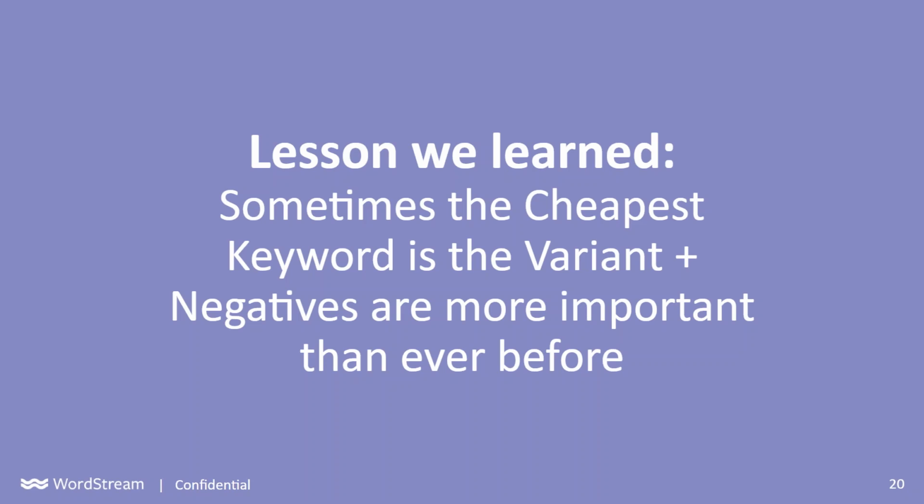So let me explain that real quick, because this is a difficult concept for people to grasp. Let's say that you have the words lawn mowing services in your right hand, and that's a modified broad, and in your left hand, you have the words grass cutting services from that example that we just looked at. Because Google is now interchanging the definition, or the contextual similarities, of those words, every time your right hand bids up, your left hand will as well, because you're bidding on both of those keywords and they're both being used interchangeably.